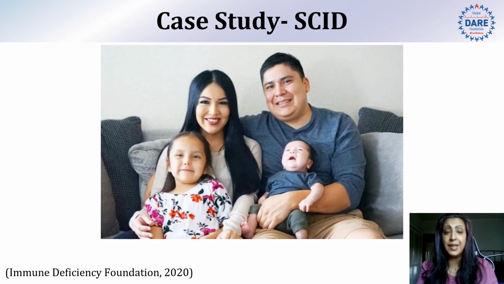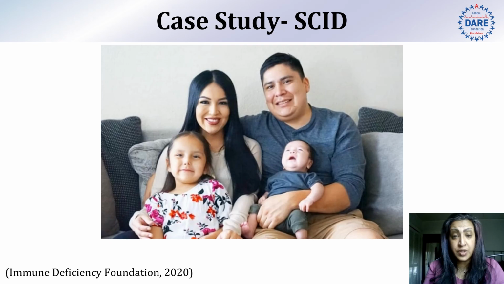So this case study that I've linked with this module follows Ava, who is an infant that experienced severe persistent infections from an early age. Despite multiple doctor visits and treatments, her condition worsened, eventually leading to a hospitalization with severe complications and an initial misdiagnosis of leukemia.